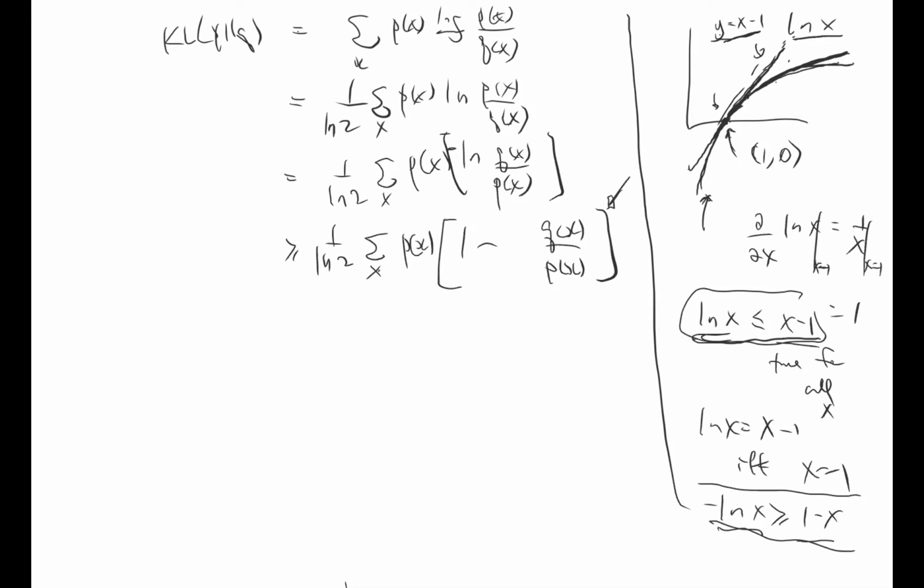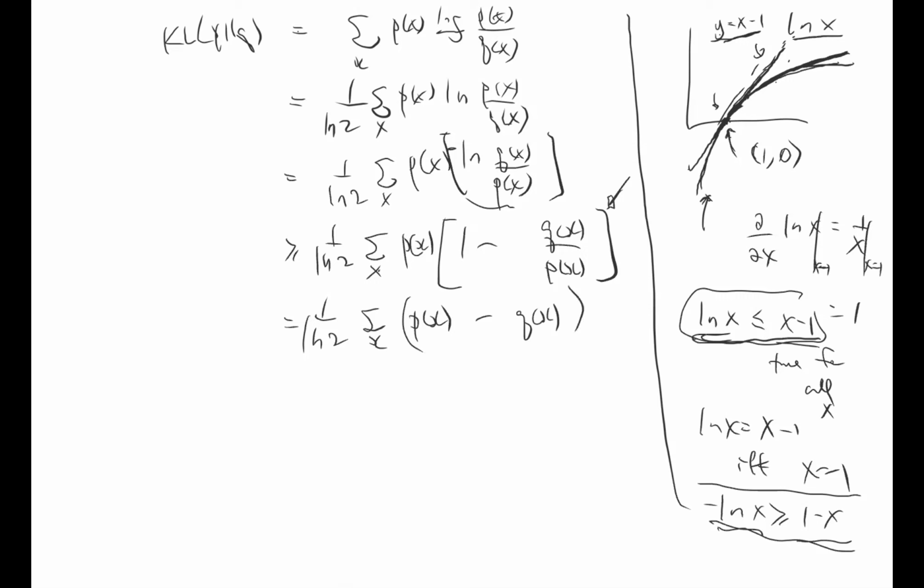So anyway, I just substitute this into the expression, where this is 1 minus x. So this is log 2, sum over x, of px, and then minus qx.